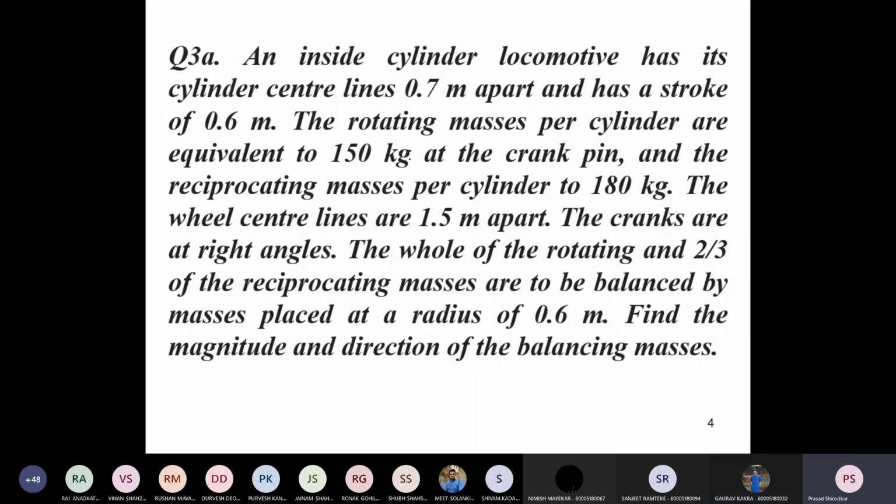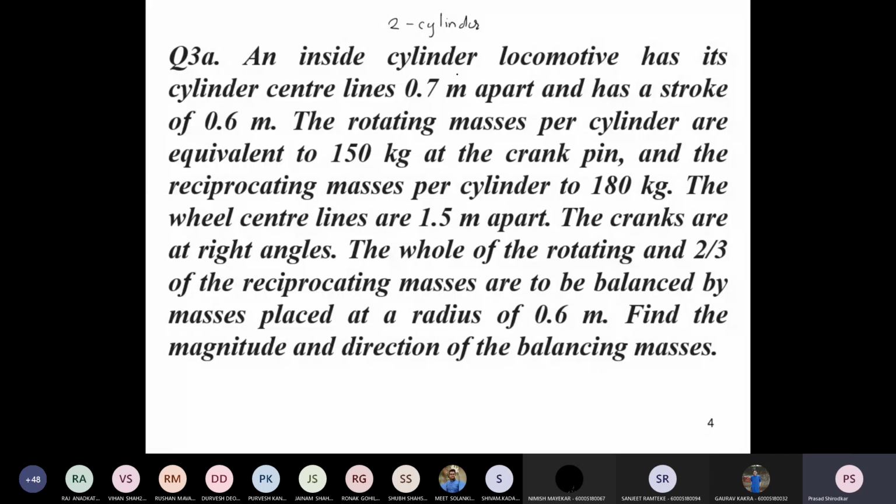So we are going to start with the reciprocating unbalance problems. Here we are going to see problems for different numbers of cylinders. We start with the two cylinder problem. So I will just read the question.